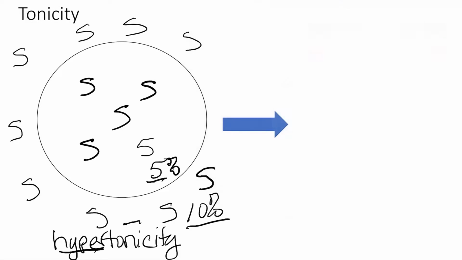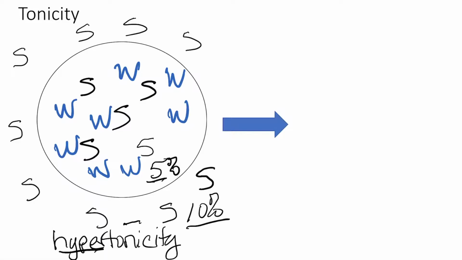What happens to the water when it's dropped into a solution like this? So our water concentration is going to be much higher inside the cell than outside the cell. And what ends up happening, again with osmosis, the water is always going to go from an area of high concentration to low.